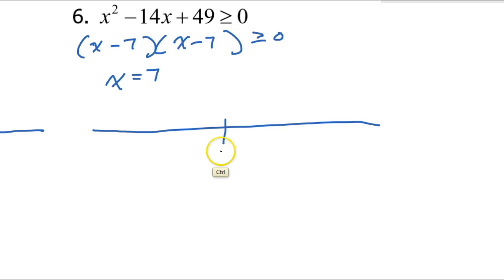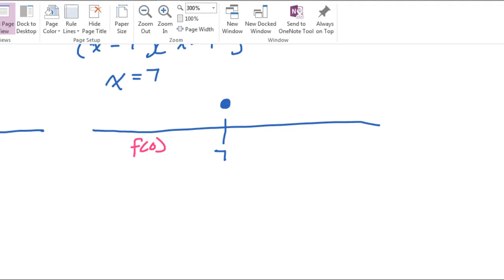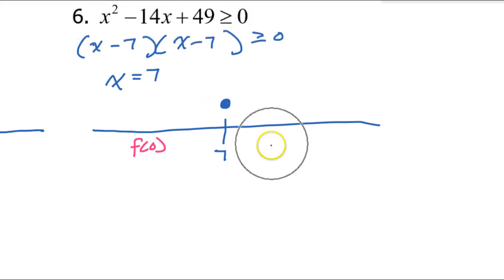All right, well that makes it easy. So if this is 7, and again this will be a closed circle because of the or equal to part of it. So I only need to check 2 intervals. On the left, I'm going to go with 0, and then on the right, I'll go with 8.